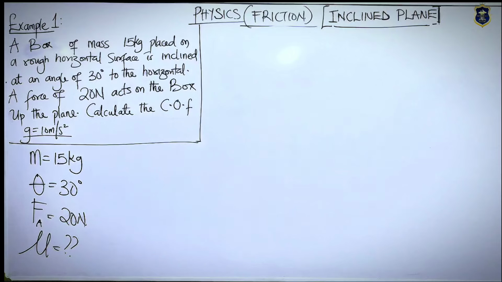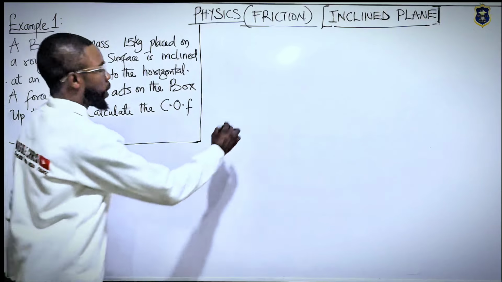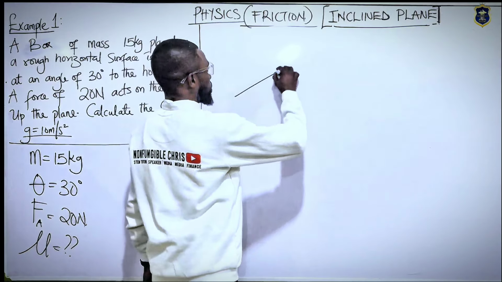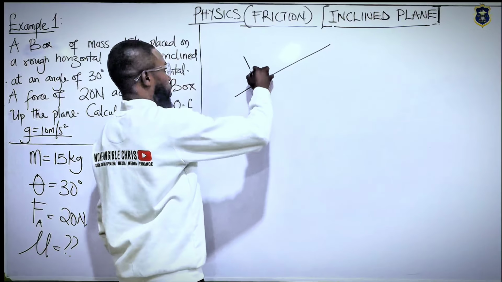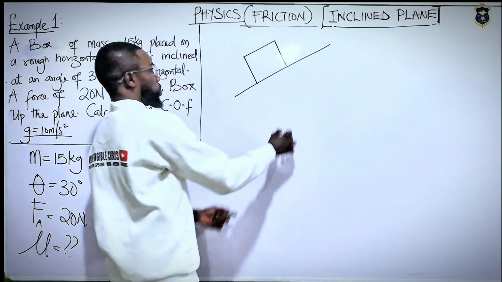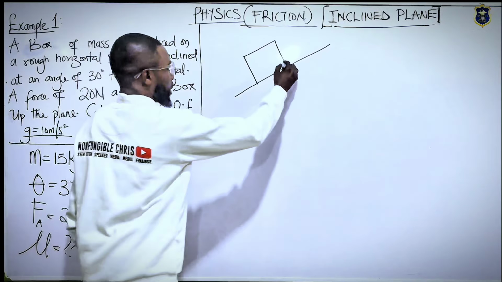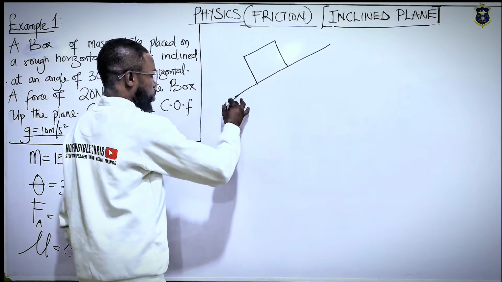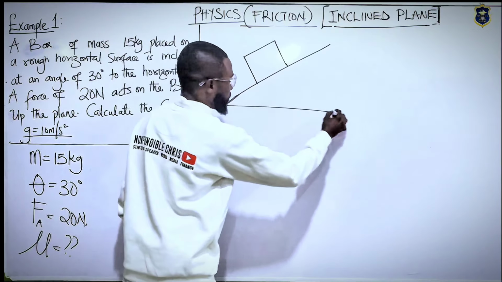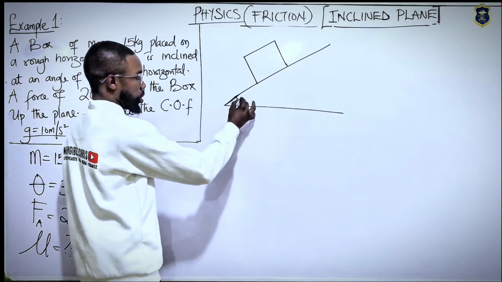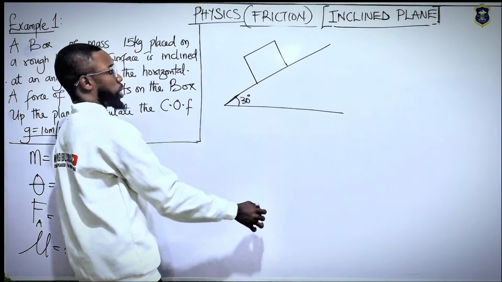Alright, so using this information, let's use it to solve. The box rests on a rough surface, and the surface is inclined at an angle of 30 degrees to the horizontal. And we said two things.